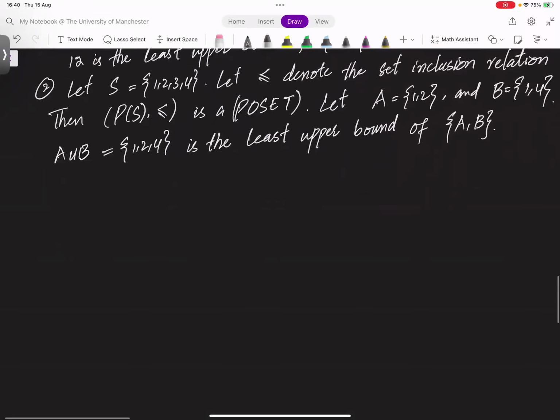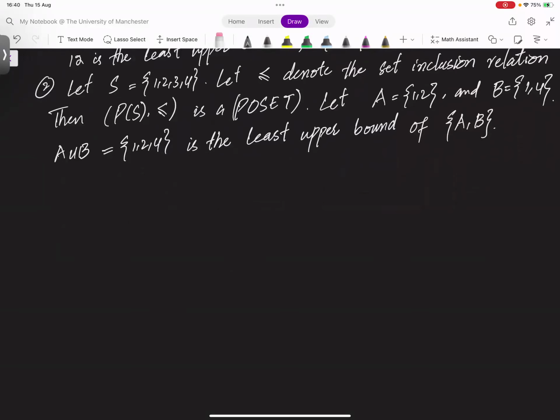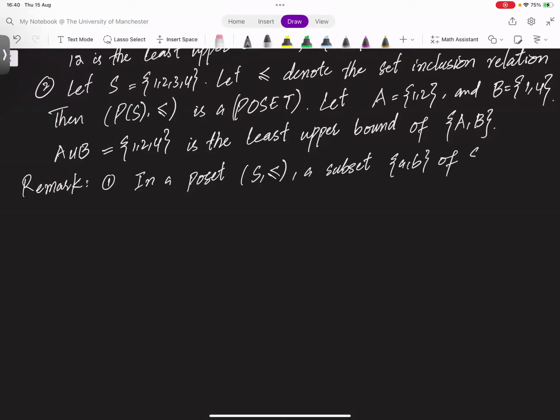Some remarks. One, in a poset, a subset {A, B} of the set S may not have an upper bound.